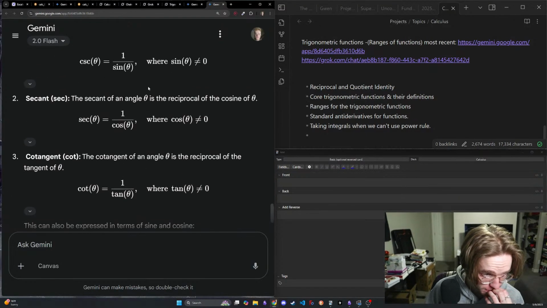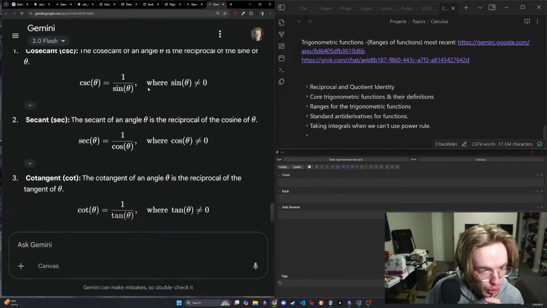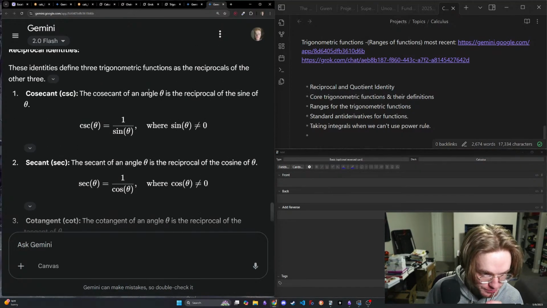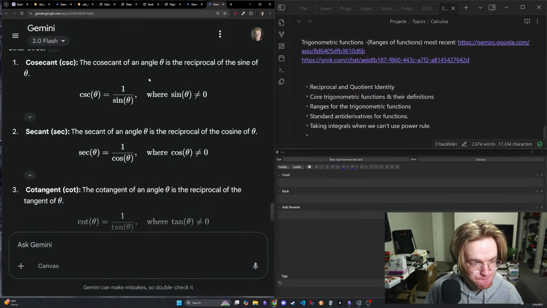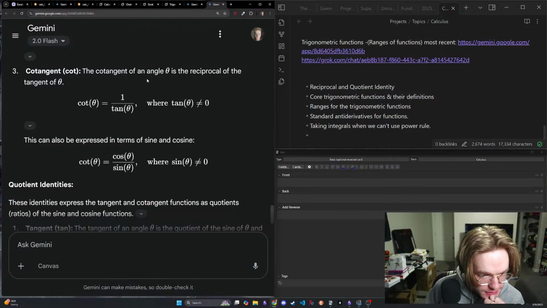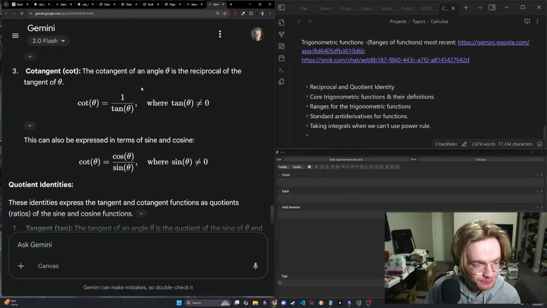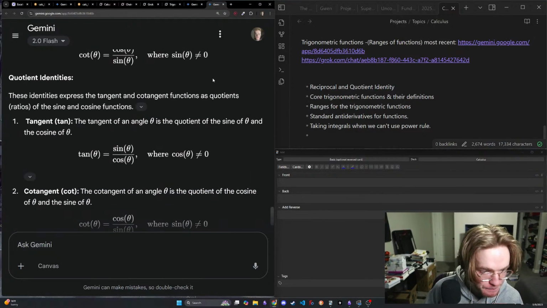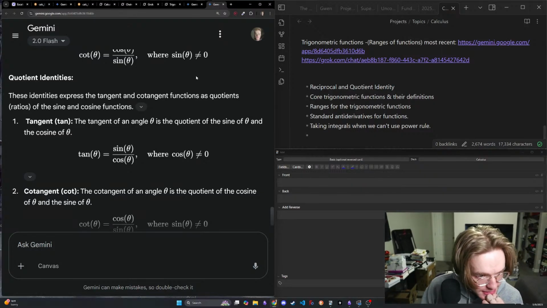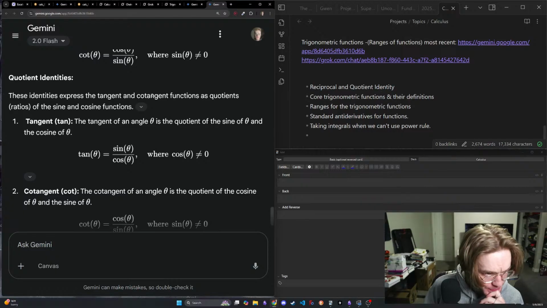Secant. These identities express the tangent and cotangent functions as quotients or ratios of the sine and cosine functions.